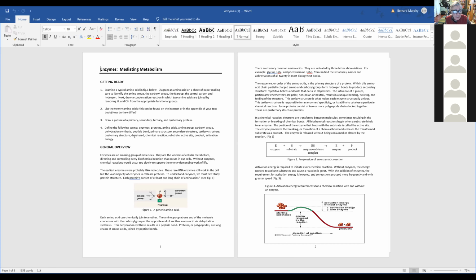You cool it down, it'll never work again. It's gone. So what you've done when you boil it is you destroy the quaternary, the tertiary and secondary structure. You didn't destroy the primary structure. You still have the amino acids, but the three-dimensional shape is gone and won't come back.